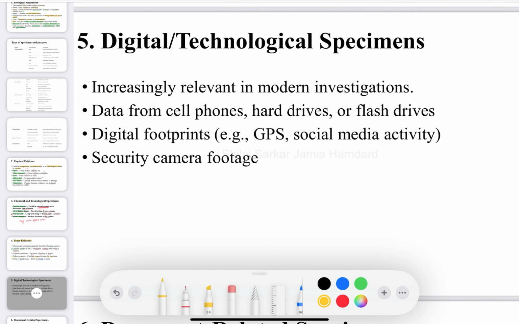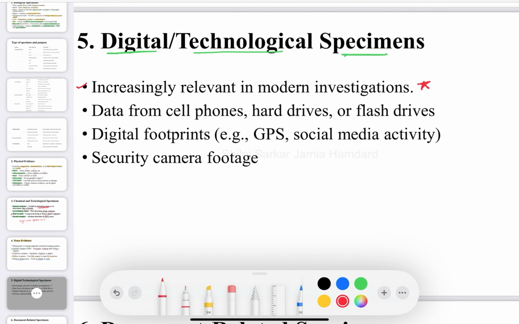Now comes the fifth evidence, that is digital or technological specimen. It is increasingly relevant in modern investigation.